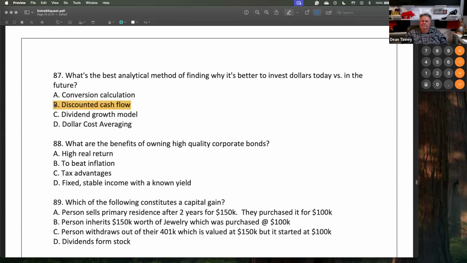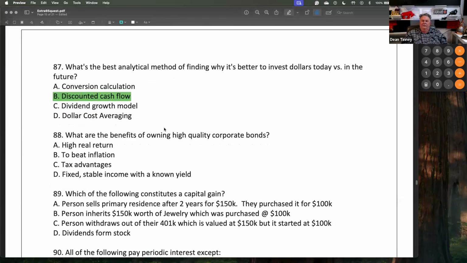Dollars today, that's present value, versus dollars in the future, that's future value. Now, DCF applied to a stock, remember, would be called either the dividend discount model or the dividend growth model. And that is a valuation technique used for a stock with a dividend that we assume is going to grow.